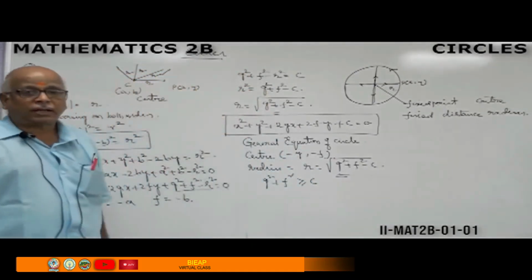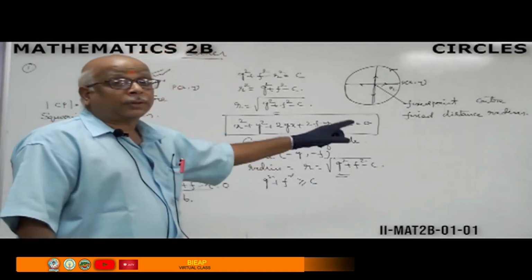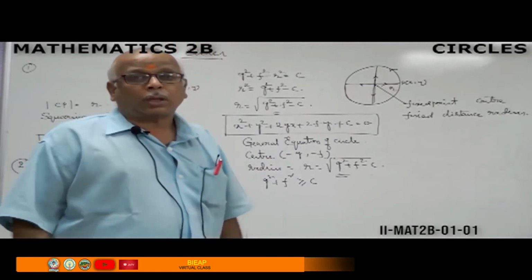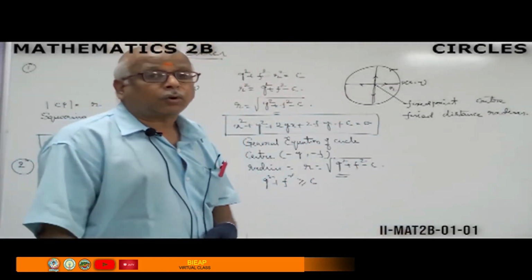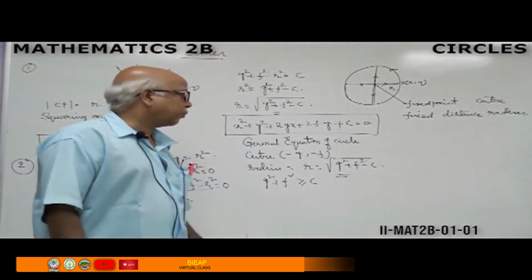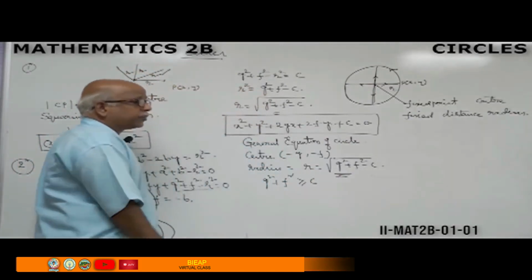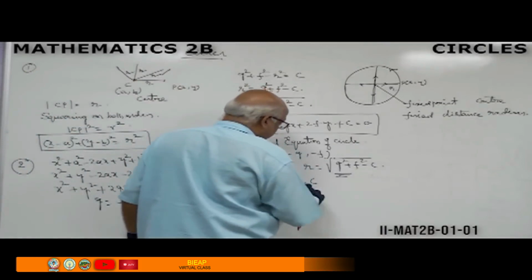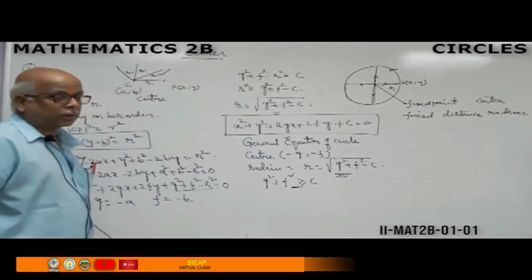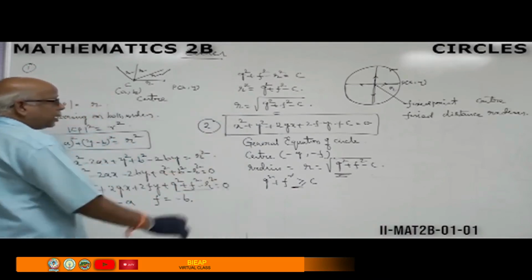In the case of negativity, we can observe that the root of a negative number leads to an imaginary quantity. With an imaginary radius, there won't be any circle at all. Therefore, for the well-defined nature of this circle equation, g square plus f square should always be greater than or equal to c.